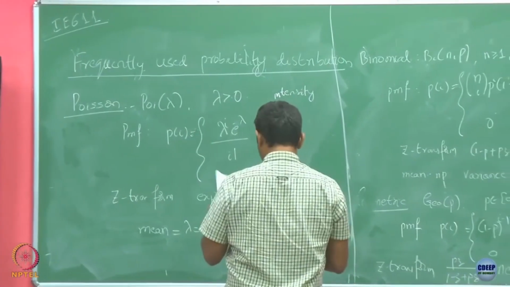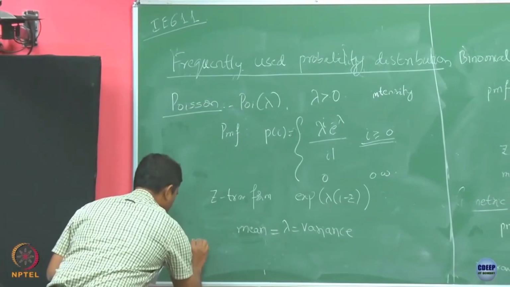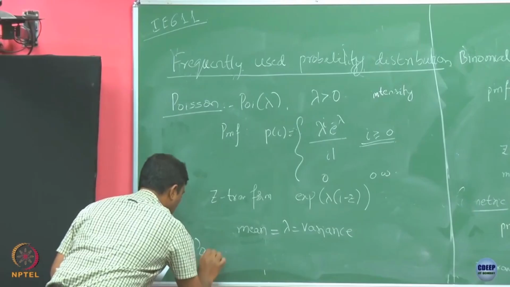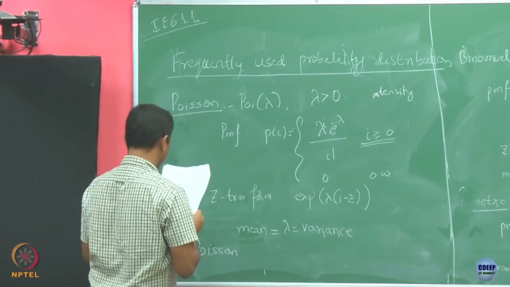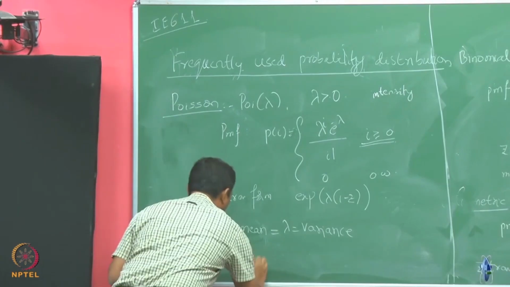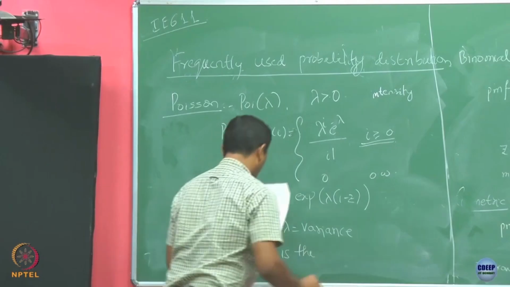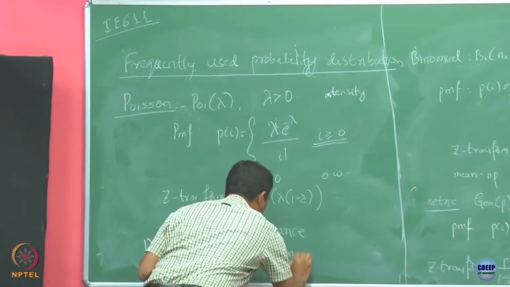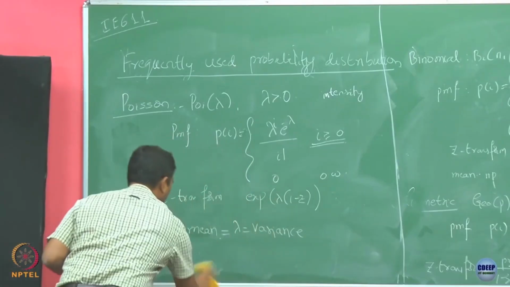As somebody said, you can verify that Poisson arises from the binomial.